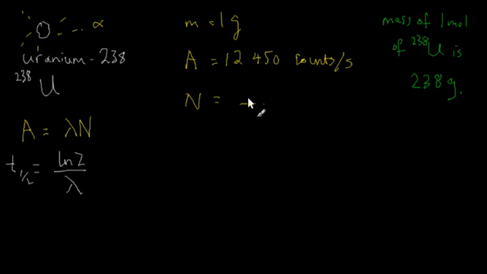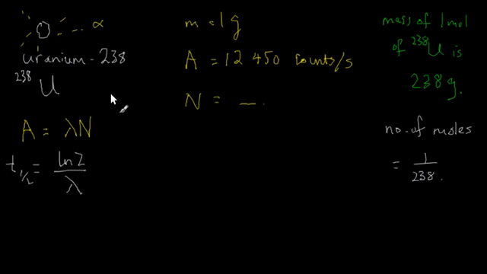So the number of moles would be the 1 gram divided by this. So 1 over 238. And therefore, the number of uranium nuclei.